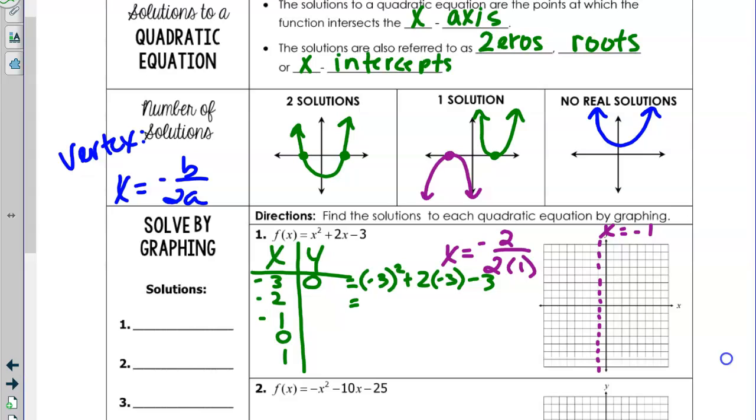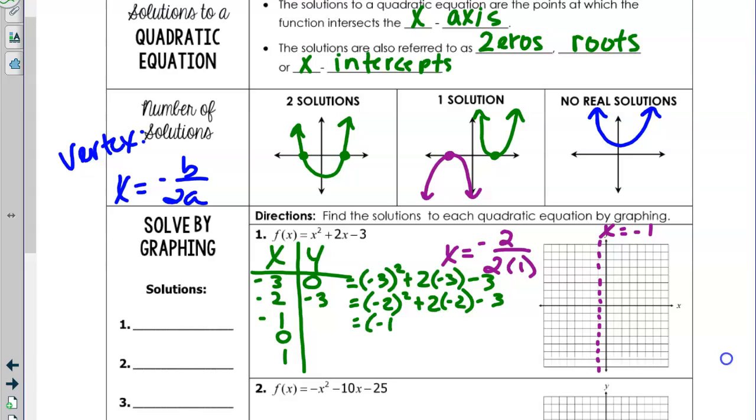And in your calculator, you can hit the up arrow and then go back and just replace the -3 with -2 if that's easier for you. -2 squared plus 2 times -2 minus 3. +4 minus 4 minus 3. -3, good.